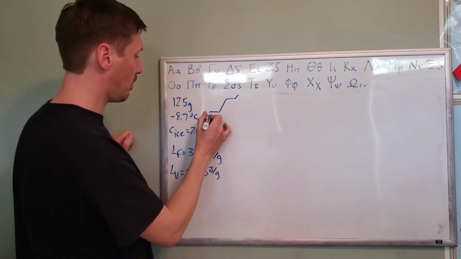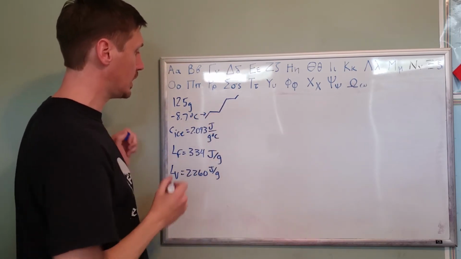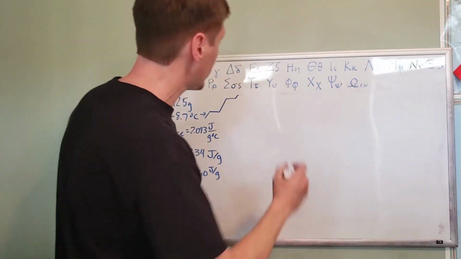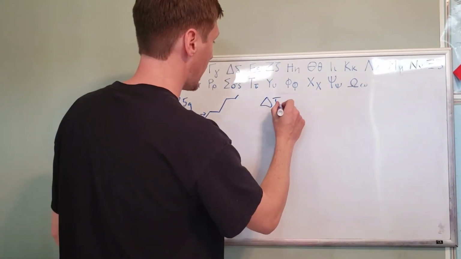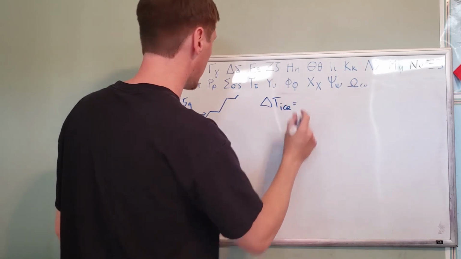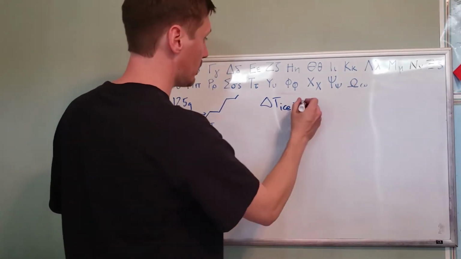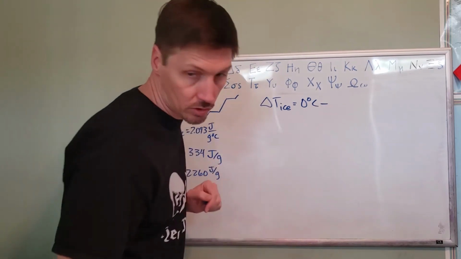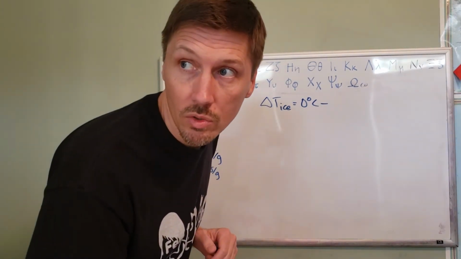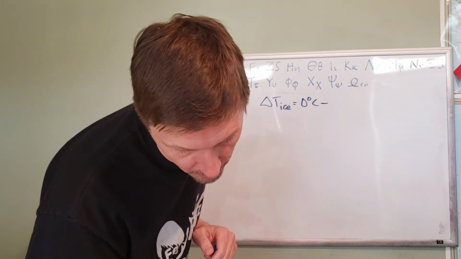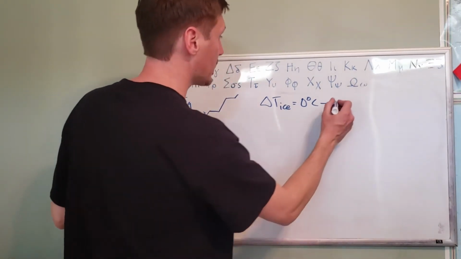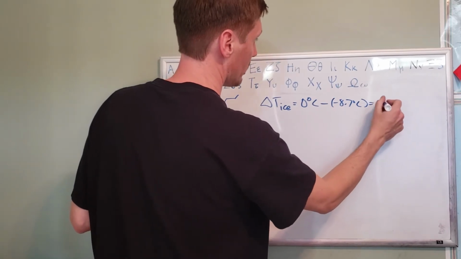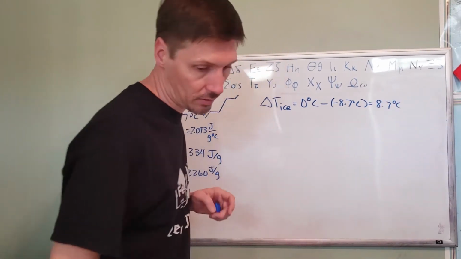So we need to figure out what's the heat that's taking place during that little portion of the curve there. All right, so the change in T for the ice during that time is going to be whatever the final temperature was, which is 0 degrees Celsius, minus the starting temperature, which in our case was negative 8.7. So if we subtract negative 8.7 degrees Celsius, then that's going to give us a positive 8.7 degrees Celsius, okay?